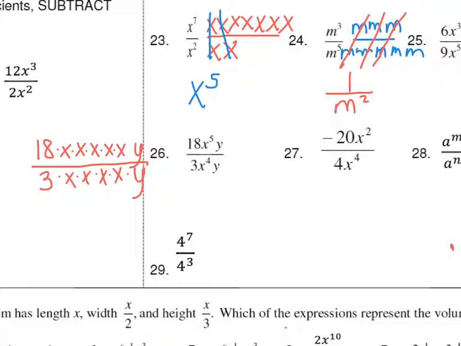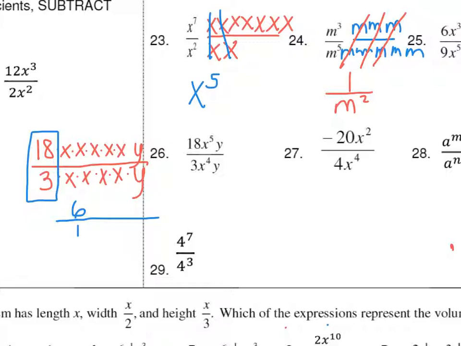Okay, now that we have it expanded, let's start canceling out and getting it simplified. So let's just start right here with the 18 and the 3. That's our numbers. 18 divided by 3 ends up being just a 6. So on our top, we now have 6 over 1.